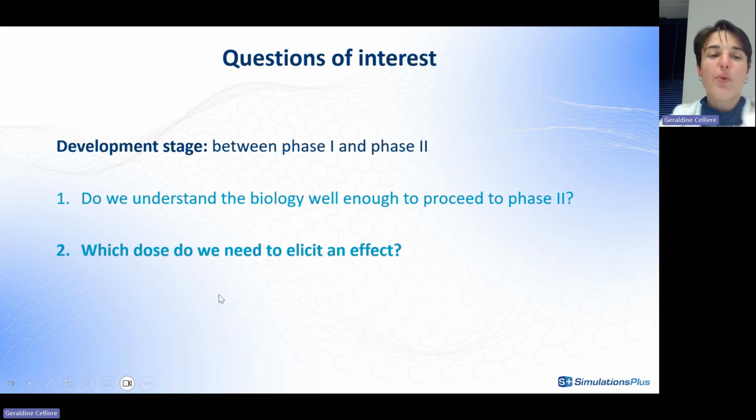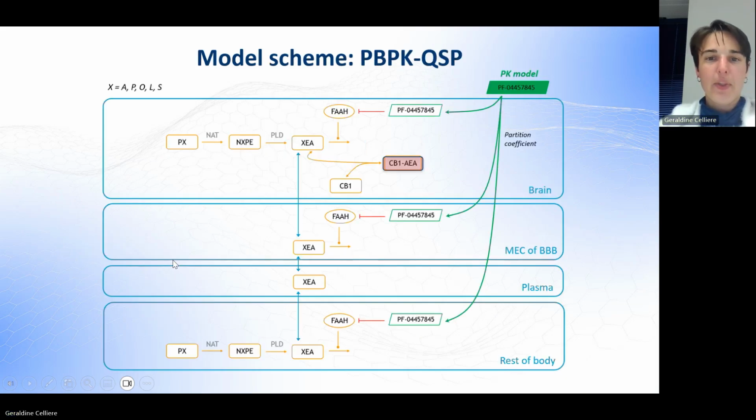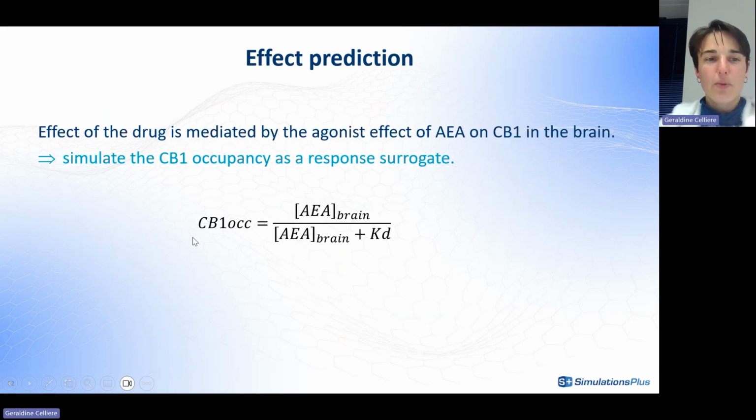Now, the second question was, which dose do we need to elicit an effect? And you remember that we are interested in the effect in the brain, where the binding of the fatty amides to the CB1 receptor will decrease the sensation of pain. So it would be very hard to really model directly the effect on the pain levels.